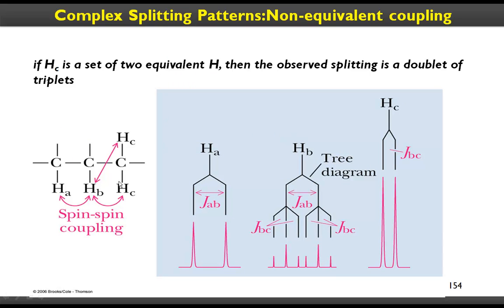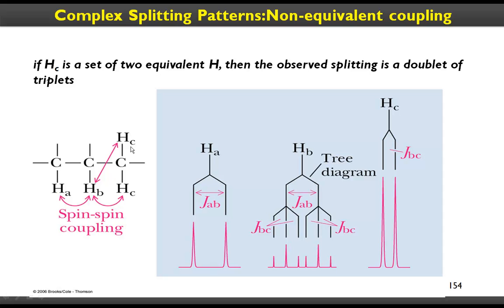Let's say we had two equivalent hydrogens on this carbon. In the previous case we only had one hydrogen. In here, let's say the coupling constant of A and B, JAB, is different from JBC. Then that would result in a complex splitting pattern. First the HA would split the signal of HB in two ways, that is JAB. So the signal which should have been a singlet is now split into two ways because of this neighbor. It still has two more neighbors whose coupling constants are different from this one.